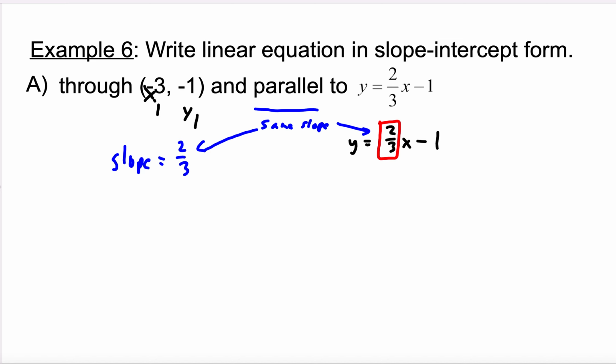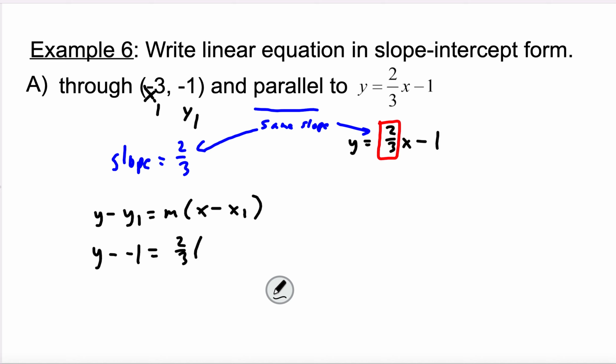Now that we have a point and we have a slope, we want to use the point slope form: y minus y1 equals m times x minus x1. I'm going to plug in all the information we have. So y minus a -1 equals 2/3 times x minus -3. We have those two minuses and minuses there, so let's put a plus in there and a plus in there.